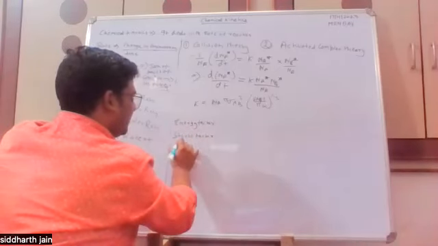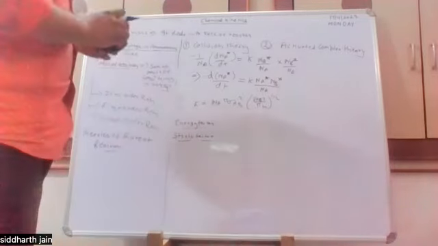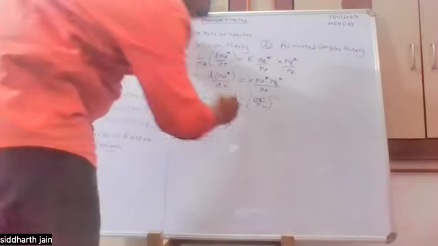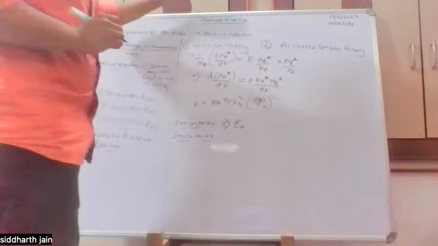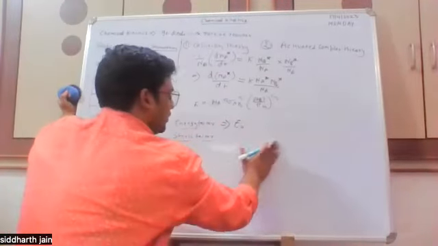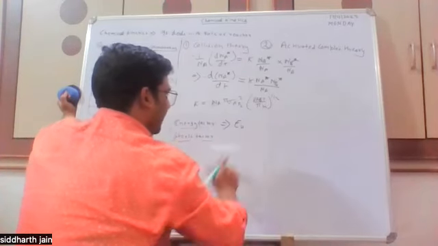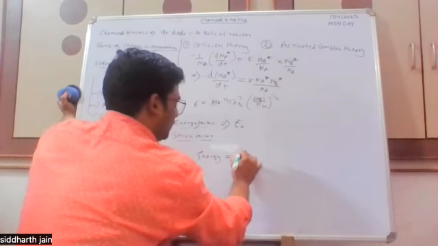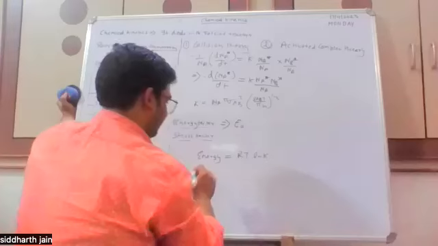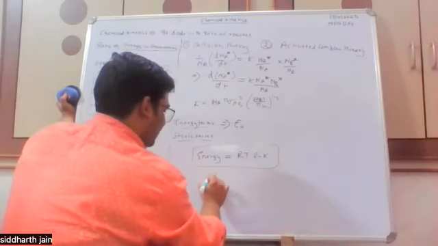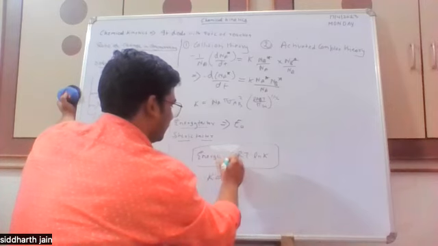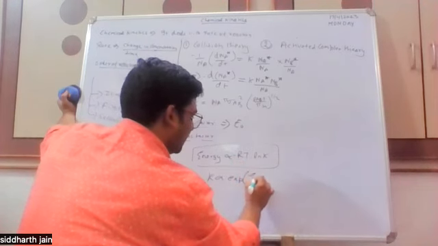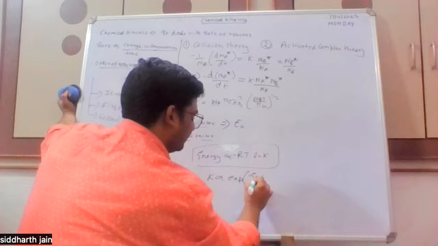For considering the energy factor, we know that for a product to form, there needs to be an energy which it has to gain, which is called the activation energy. And for achieving that activation energy, there was an equation given that the energy is proportional to RT ln of K. So using this equation, we can write K is proportional to exponential minus epsilon naught, or E_A, by RT.